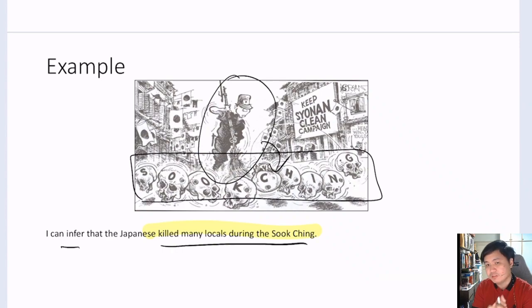It's not one level above what I see over here, right? You can say that they treated the locals very harshly, very cruelly, with a lack of respect. That is going one level above. But if you just say they killed many locals, I understand that because I can see that happening inside the source. So you're not going one level above.